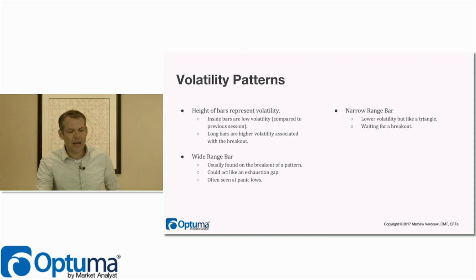Usually at panic lows, you're going to see those big, tall bars as well. And again, narrow range bars, the inside bars, it's really just waiting for a breakout. All the same principles that we talked about in bar chart patterns, where we talked about the triangles and the consensus and just people waiting to see what happens to the price.